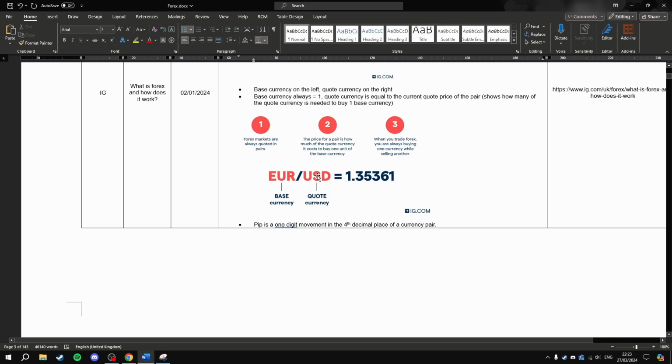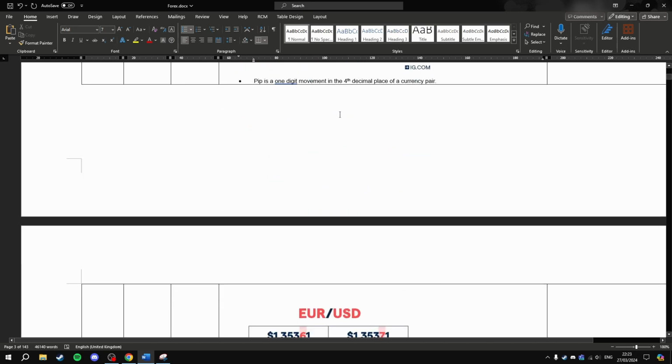So it was EUR/GBP, so it takes some pounds to buy 1 euro. So if it's trending downwards, this value is getting less. If this value is getting less, then you would need fewer pounds to buy the euro, which means the pound is strengthening against the euro. Right?